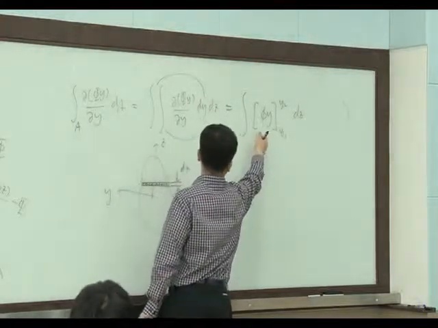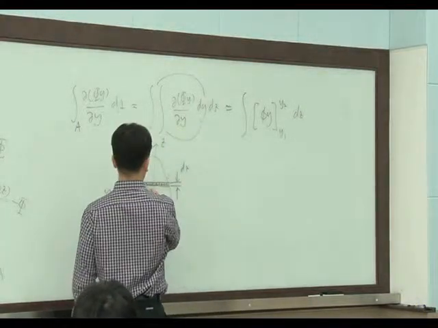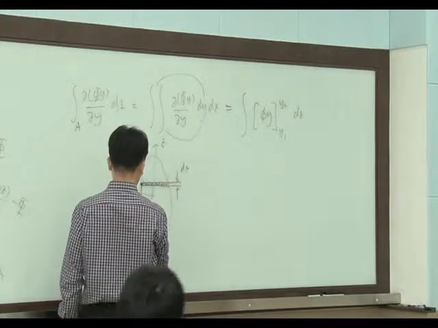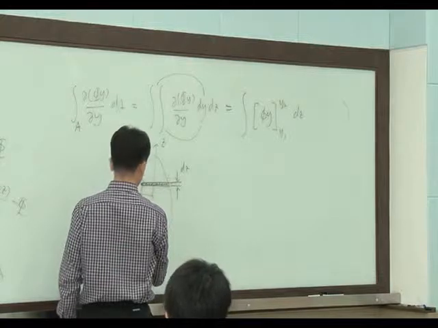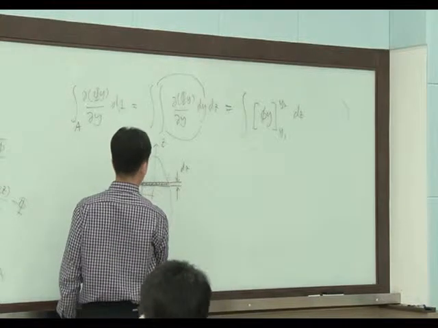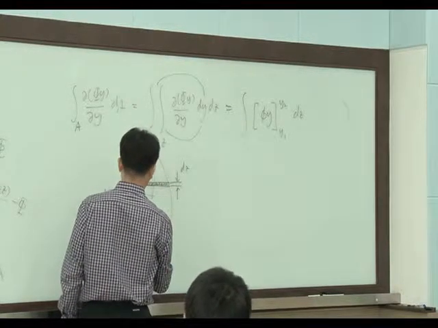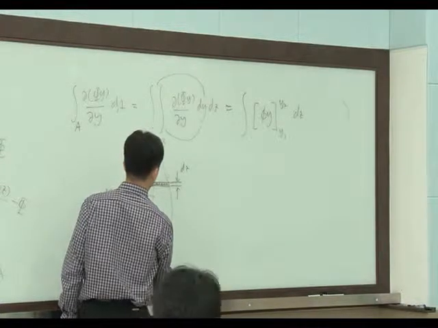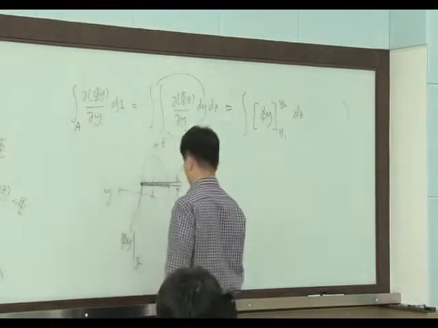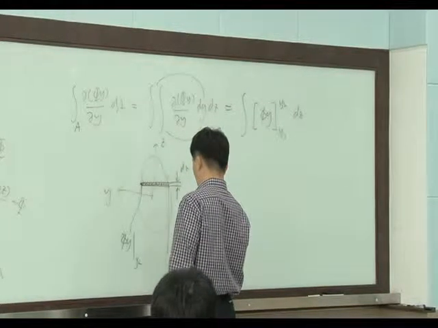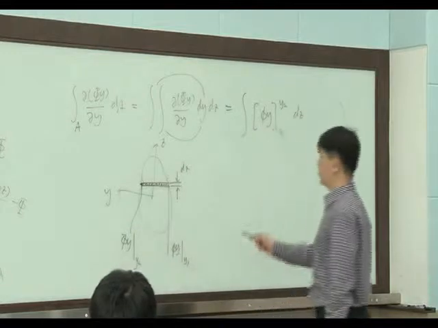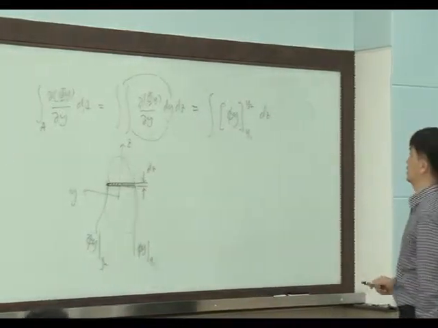This equation gives us the value at this point, phi y at y2, minus phi y at y1, the difference between both, right?